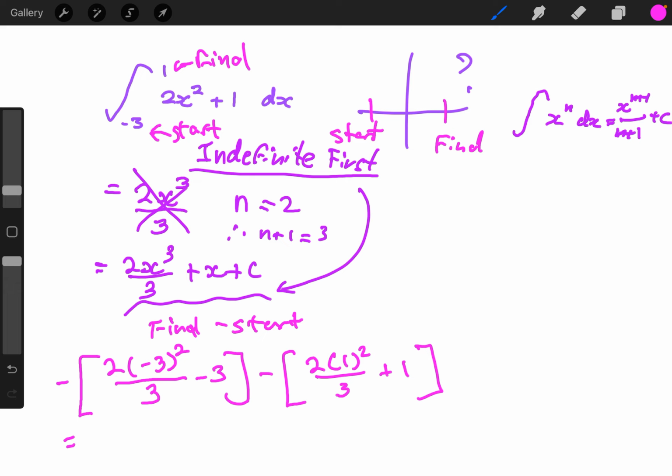Alright, hopefully I can do that math in my head. And -3 squared is 9, so 18 over 3 minus 3 minus that 2/3 plus 1.